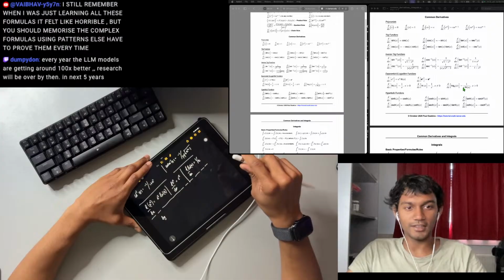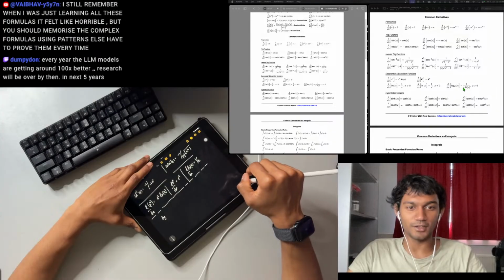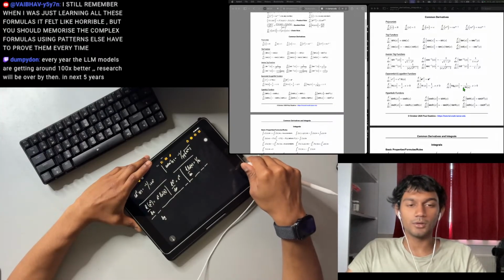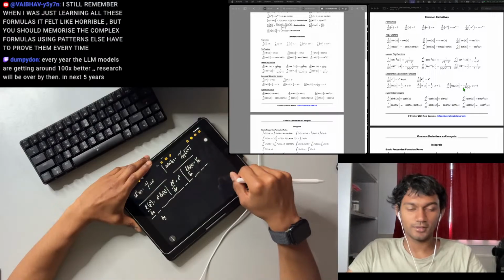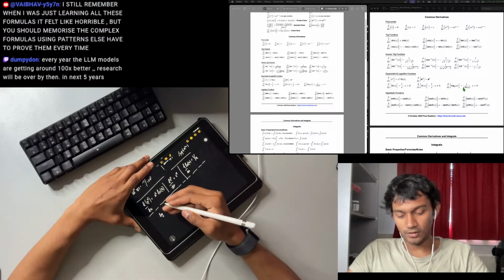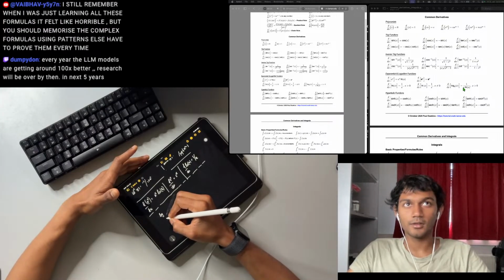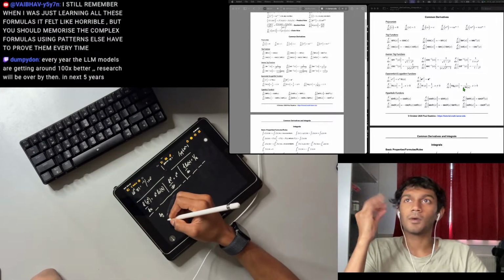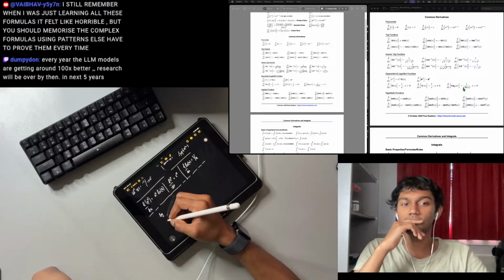Every year, LLM models are getting around 100 times better. Research will be over by then, in the next 5 years. Yo, your name is Dumpydon. Well, you are dumb, I guess. Because no matter how good LLMs get, you need to tell what the LLMs need to go forward on, right?